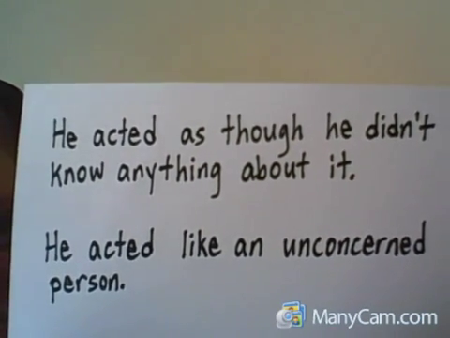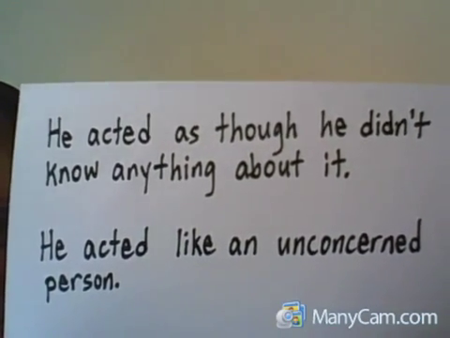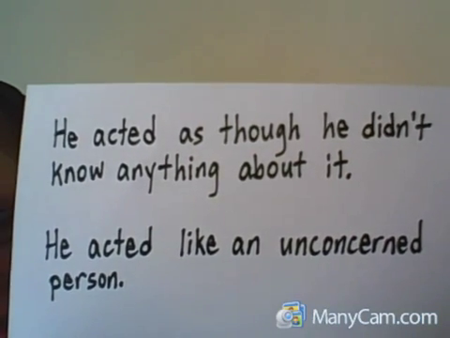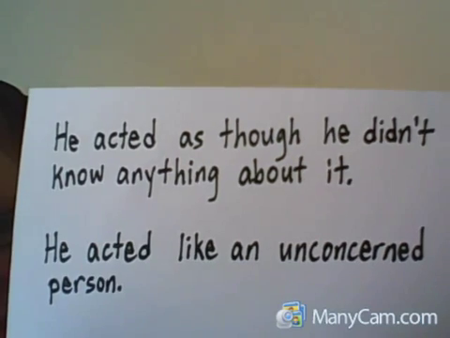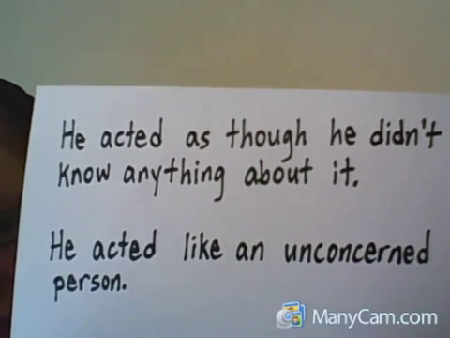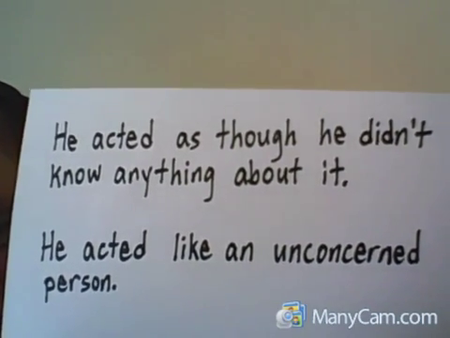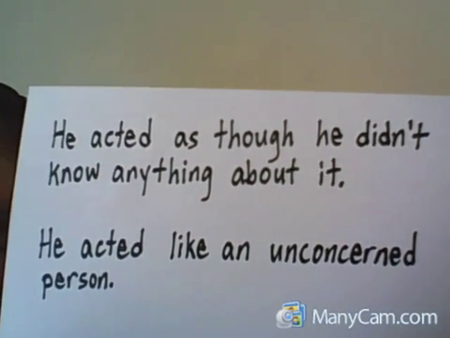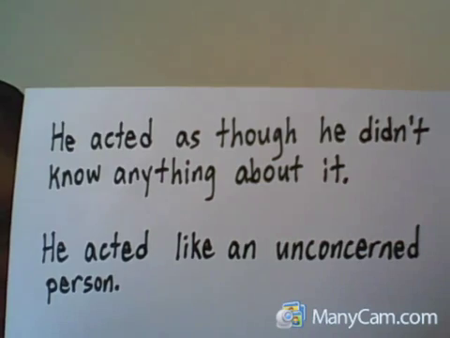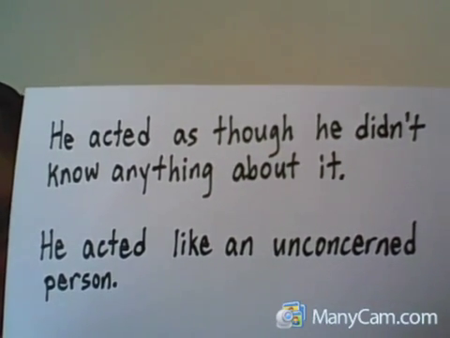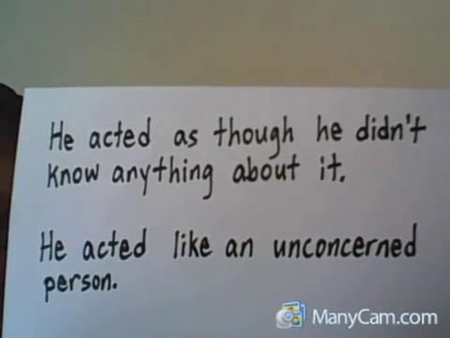Now look at the second sentence. He acted like an unconcerned person. Now in this sentence, you could say that we are comparing two things. We're comparing he, that is the person in the subject, and an unconcerned person. So we're saying they are similar or the same or alike.